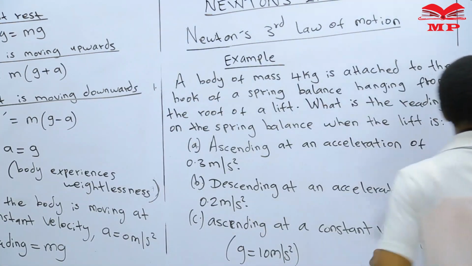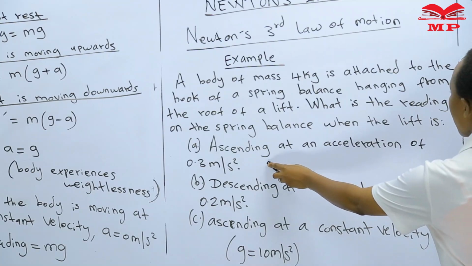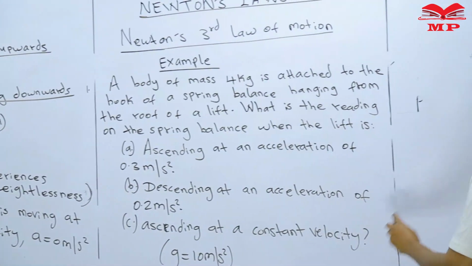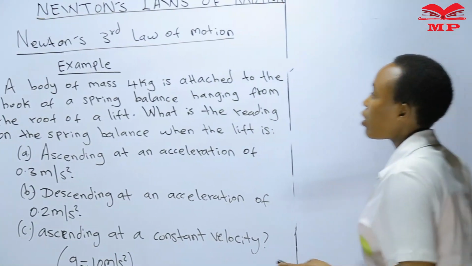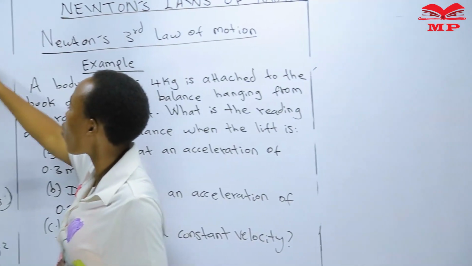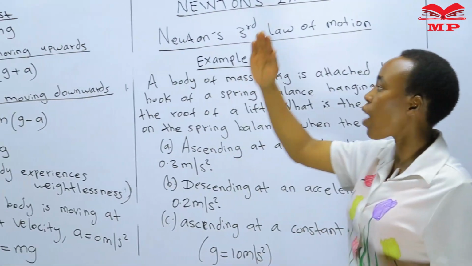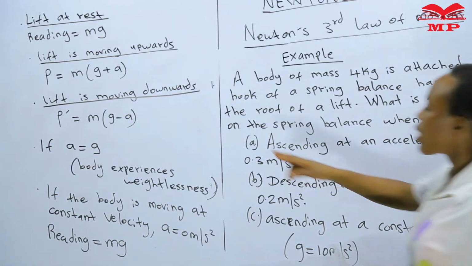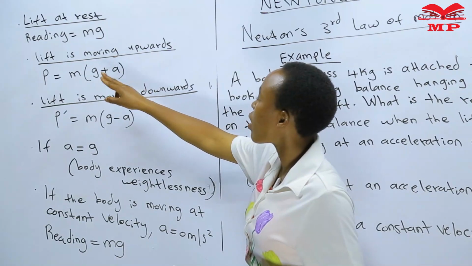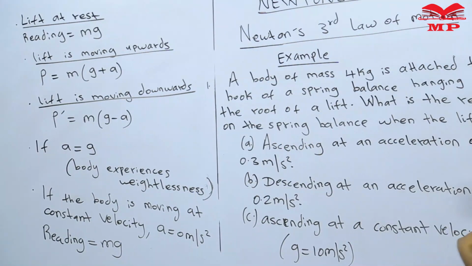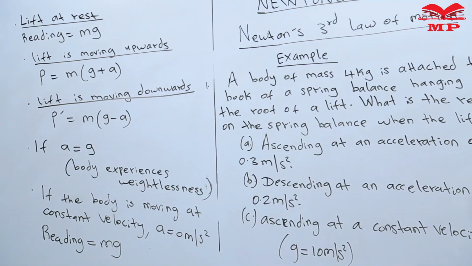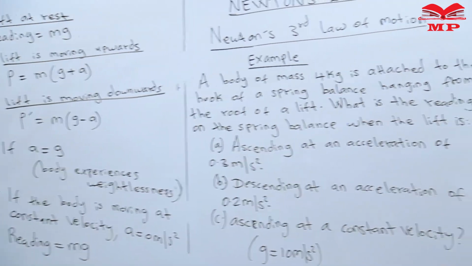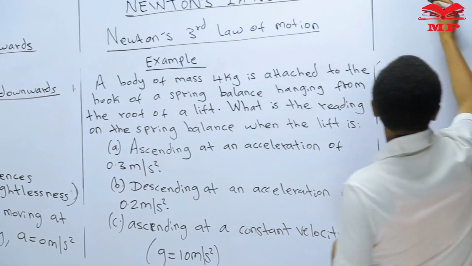One, when the lift is ascending. To ascend is to move upwards. And therefore, when we want to get the reading, we apply the formula for the lift moving upwards. The reading will be equal to mass times gravitational force plus the acceleration.